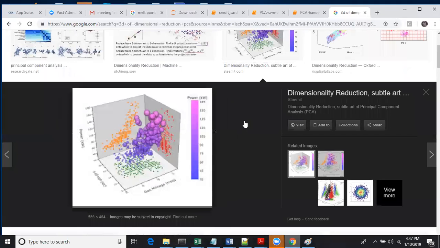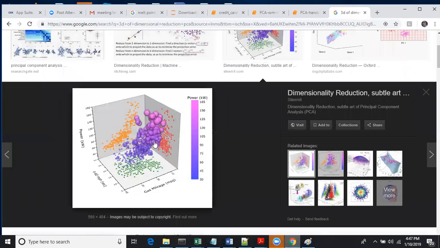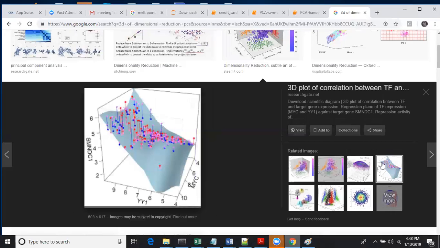Here, if you see, it's a 3D plot. A 3D plot means at least 3 components are required to show it. With three PCA components, you can show it like this. But 2 components we are suppressing, so ultimately everything that is in different planes, we suppress into 2D.